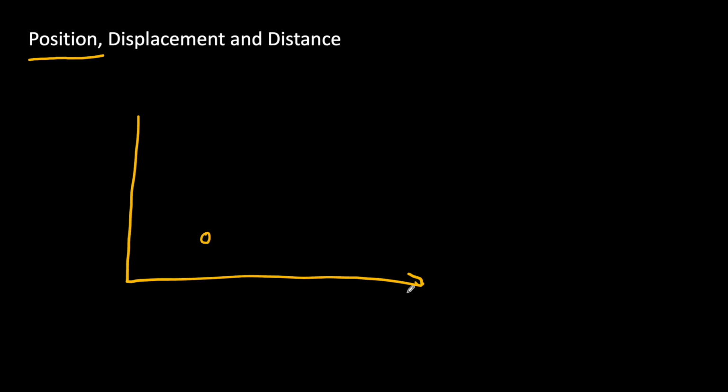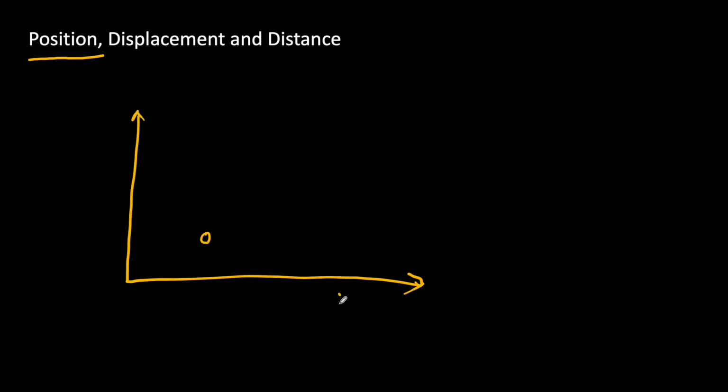I told you what is motion. Motion is a change of position with time. So first we will see what is position. Position is nothing but, suppose a body is here, and we have the references x and y.